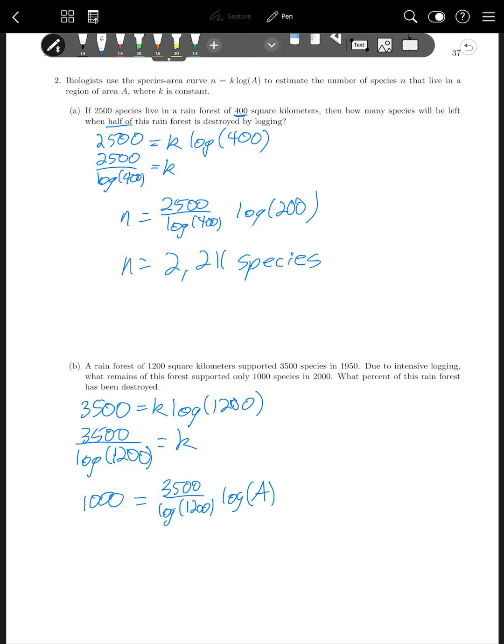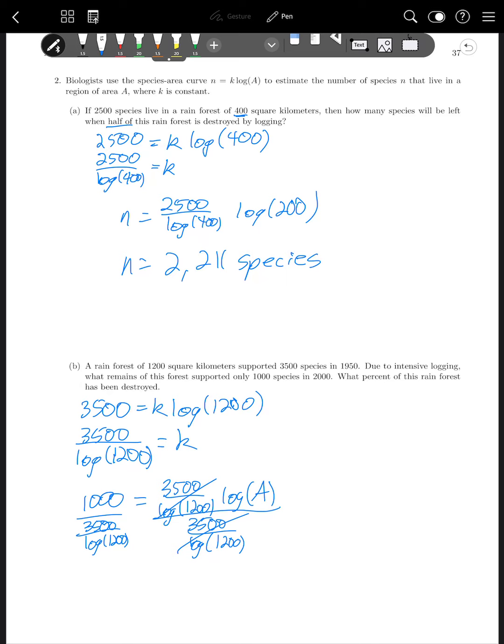So first, divide both sides by 3,500 over log of 1,200. So these cancel. And so when you do that, what you actually get is you multiply by the reciprocal.